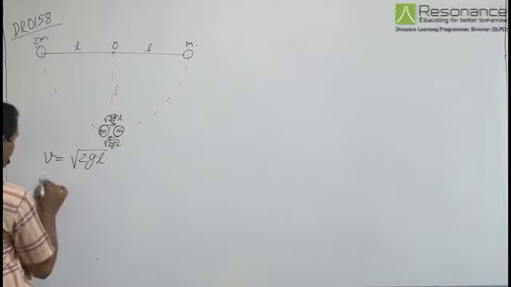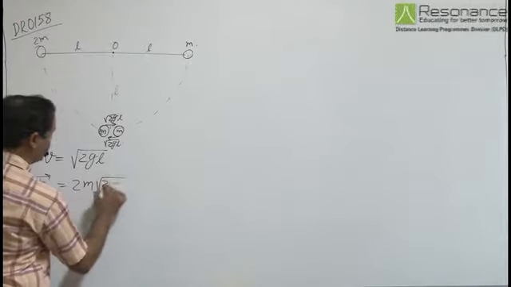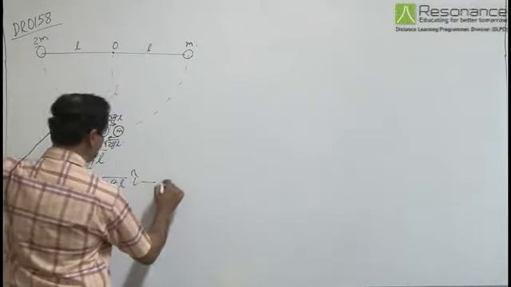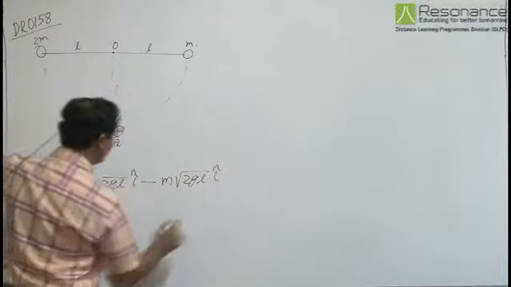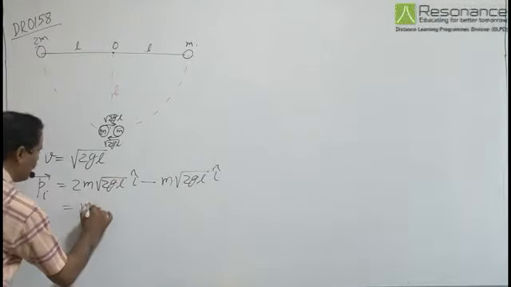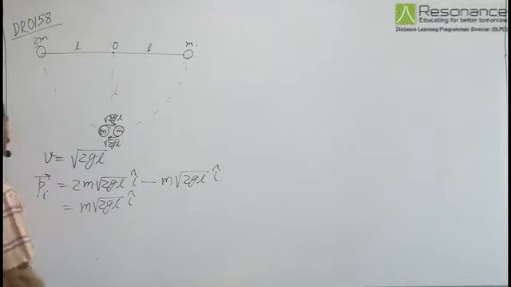So initial momentum is equal to 2m root 2gL i cap minus m root 2gL i cap. So initial momentum is m root 2gL i cap.